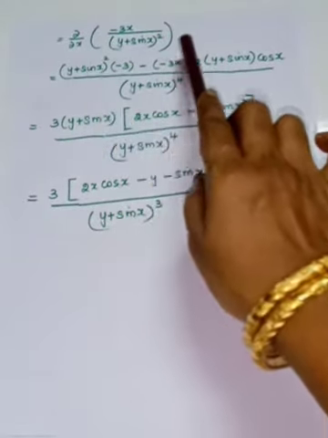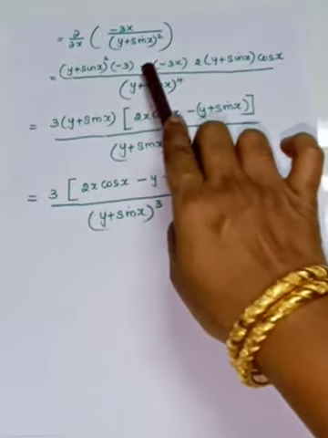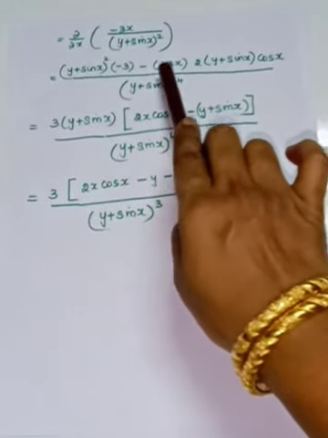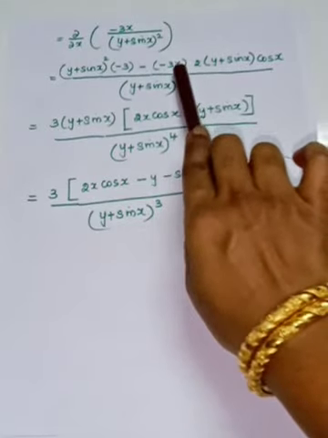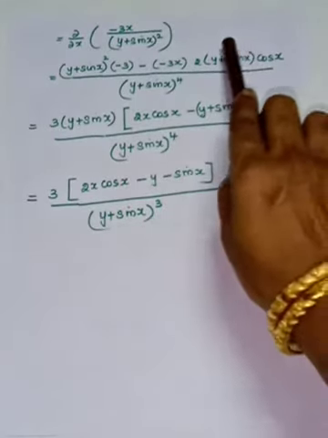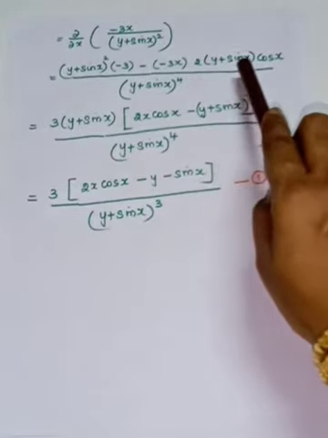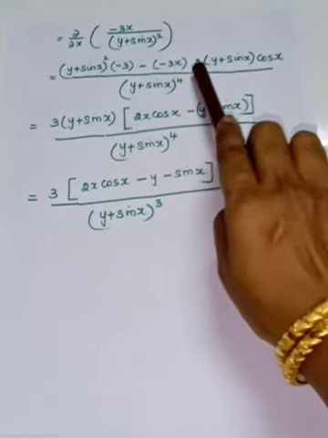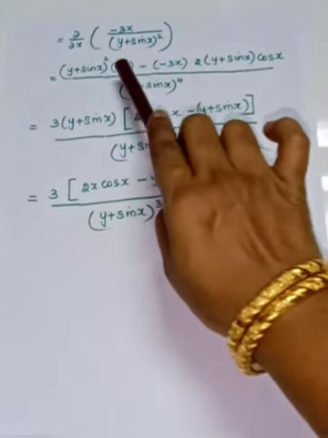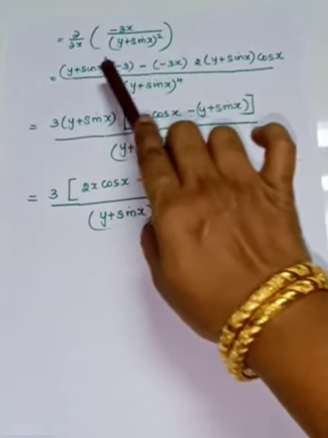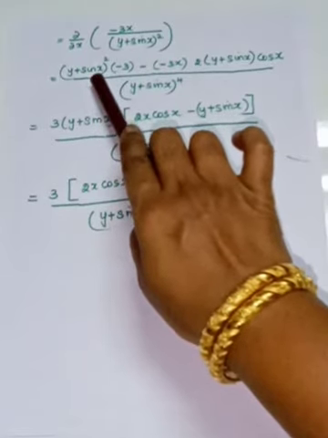See now, first I have written the positive term. Here minus into minus will become positive. So this 3 is taken out. What is remaining? 2x into cos x. Because this also is taken out. So here in this term, 2x cos x will be there. And this 3 is out. So here you will have minus 1. And from this y plus sin x is taken out.